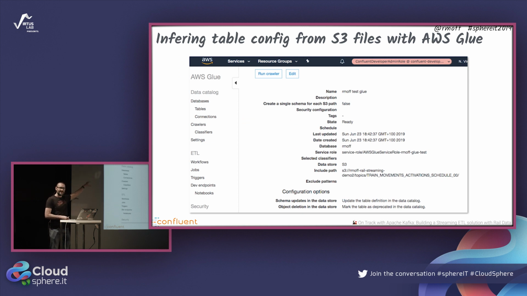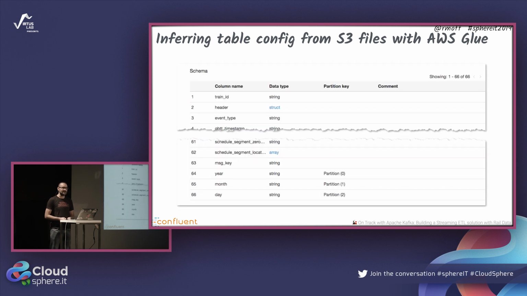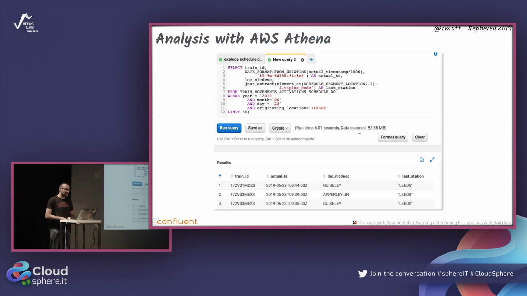Glue's really cool. I've not tried it before this. And it actually went off and figured out my whole schema, which was super cool. And then from that, similar type analytic queries. But all of these queries that I'm running are based on data that's coming in from the source system, ingested into Kafka, transformed with KSQL, and pushed down to the target system, just using JSON and just using SQL to do so.